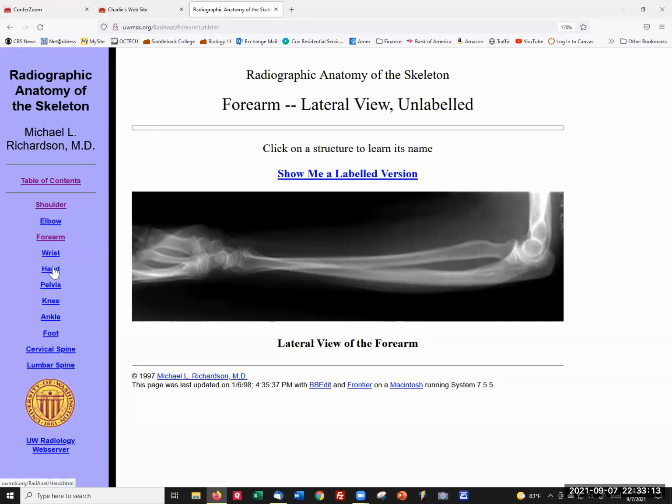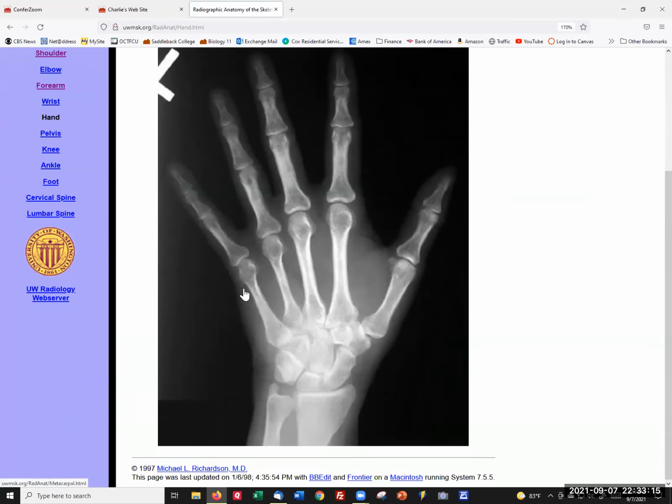Let's try the hand. Okay. We have distal, middle, and proximal phalanges, or just the distal and proximal of the thumb, metacarpal 1 through 5, trapezium, trapezoid, capitate, hamate, and here's the pisiform.